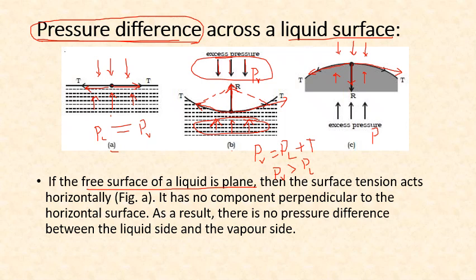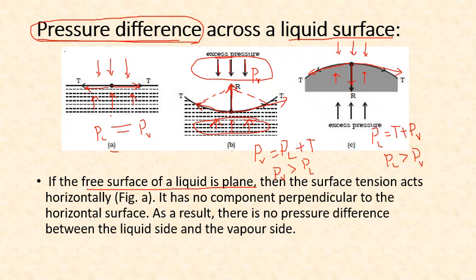That is, the pressure due to liquid must be equal to the downward pressures from surface tension as well as from vapors P_V. As a result, you can clearly say that the pressure due to liquid in this case is more compared to the pressure due to vapor.